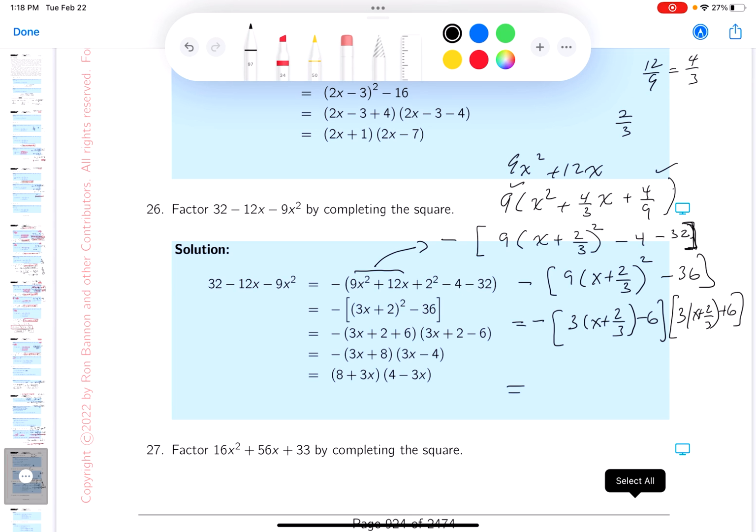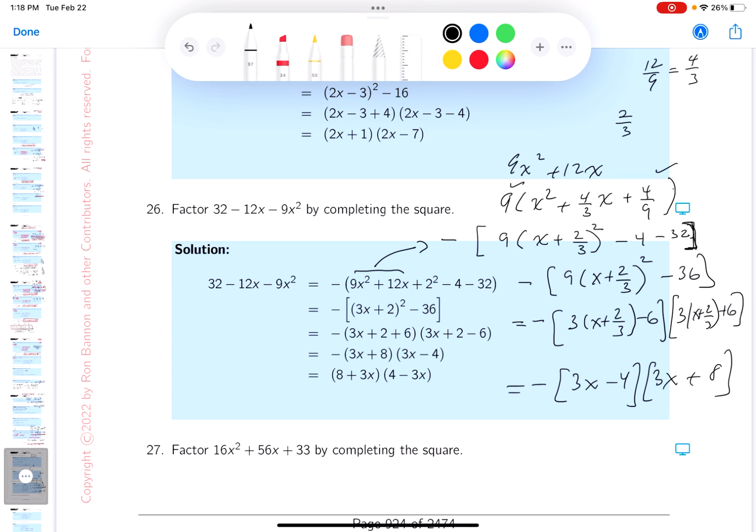Let's go to town on it. What do you get over here? Minus. This is going to be 3x plus 2 minus 6, which is minus 4. What's this one going to be? 3x plus 2 plus 6 is plus 8. Do we get the same answer? We get the same answer. We'll get the same answer each and every time.